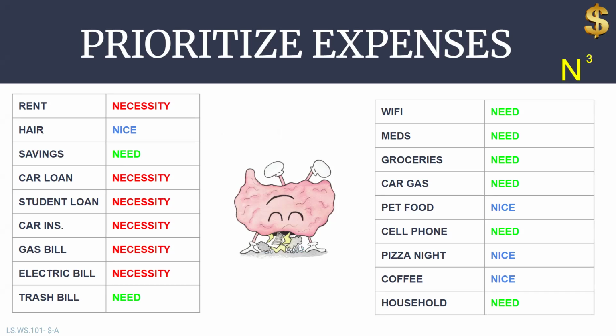And then no more pizza nights, no more coffee runs, any way to chop that off. Or let's say that you got a demotion instead of promotion or you've got lower money because we hit 2008 again. Whatever. The point is to prioritize your expenses.